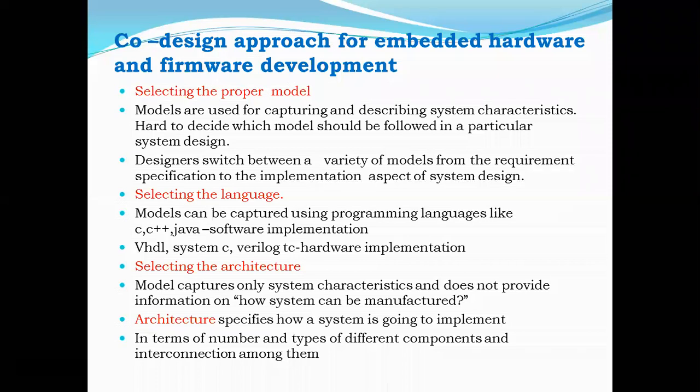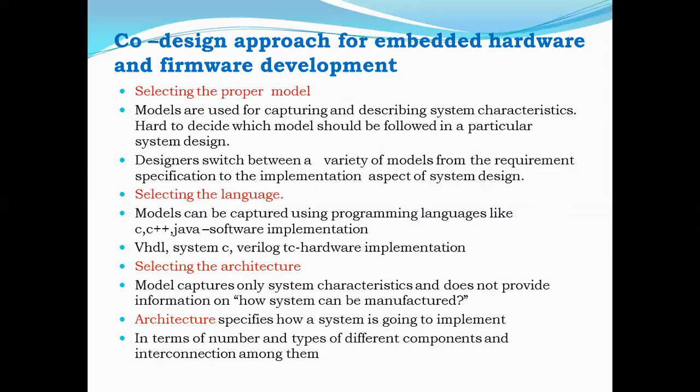In selecting the language, you have different languages like C, C++, Java, which you know are used in software. For the hardware implementation, they go for Verilog and VHDL programming. Once the languages are known, you have to build the implementation part. The architecture is all the hardware components, which you combine together with your model and the language.